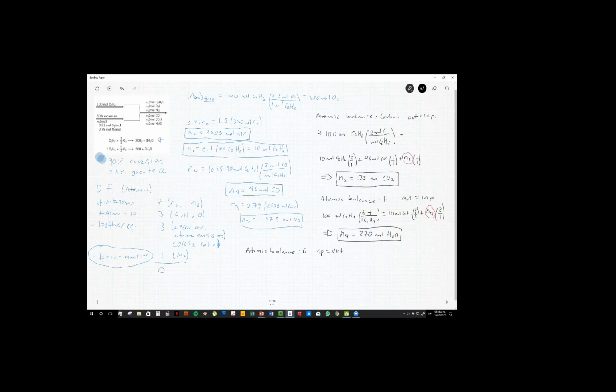The input, we know that is the 21% of the air current that is 2,500 moles. This is the amount of moles of oxygen. And then for the stoichiometric relation, for each mole of O2, we have 2 moles of oxygen. That should be equal to the output.